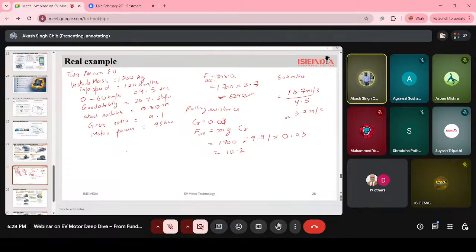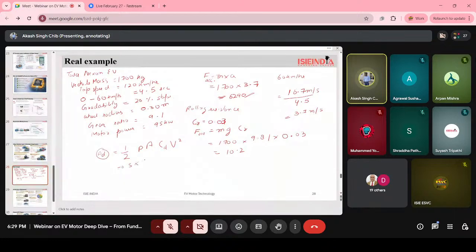Then next comes the aerodynamic drag. Can anyone tell me how to calculate the aerodynamic drag? What is the formula? Half rho A CD into V square.